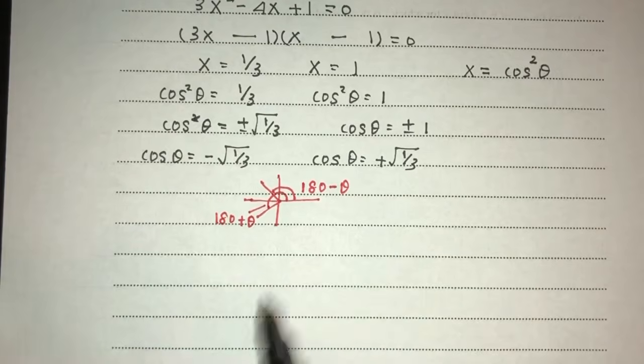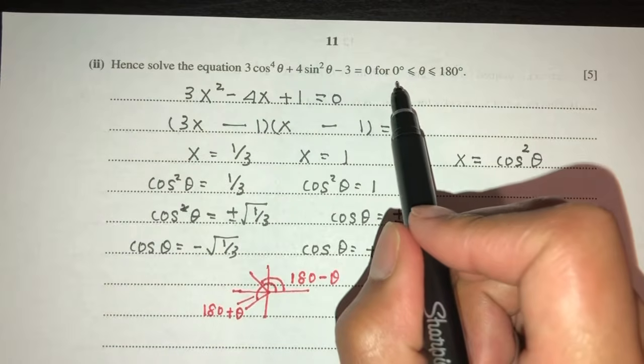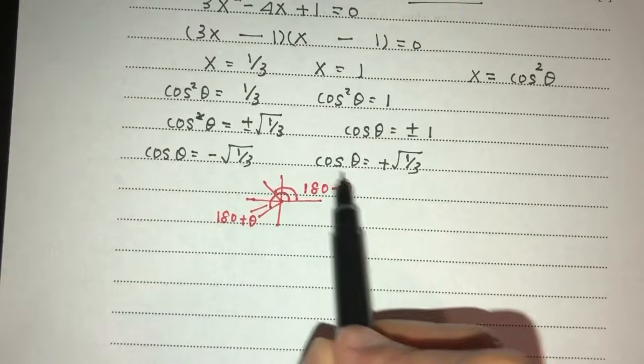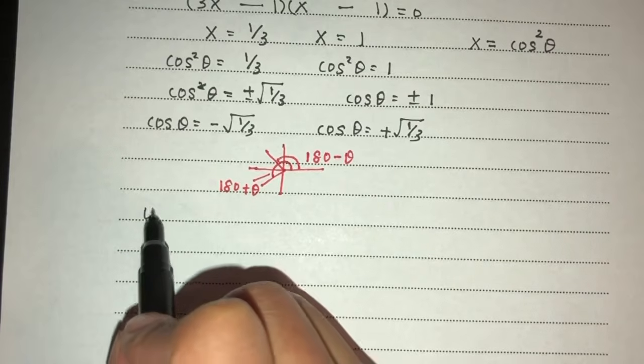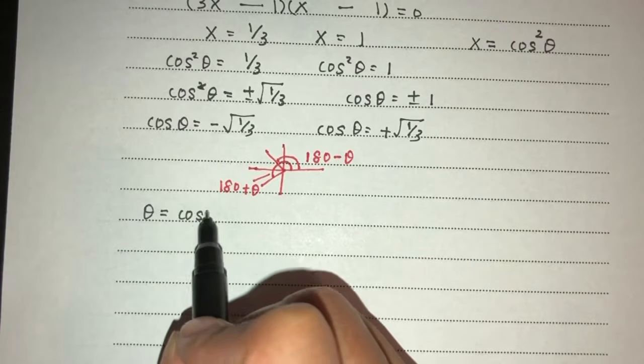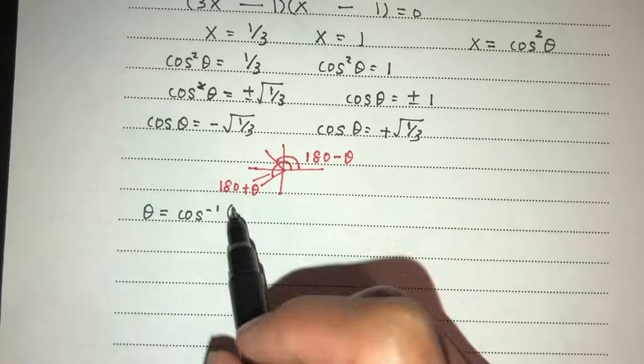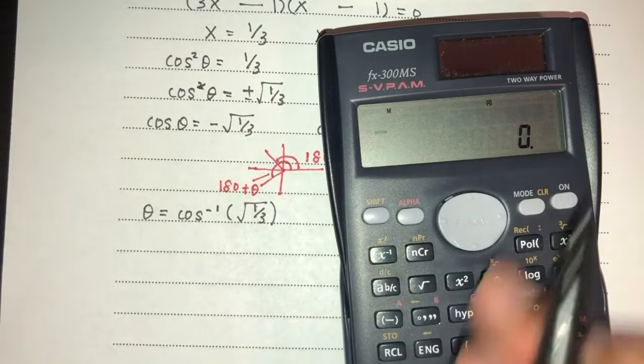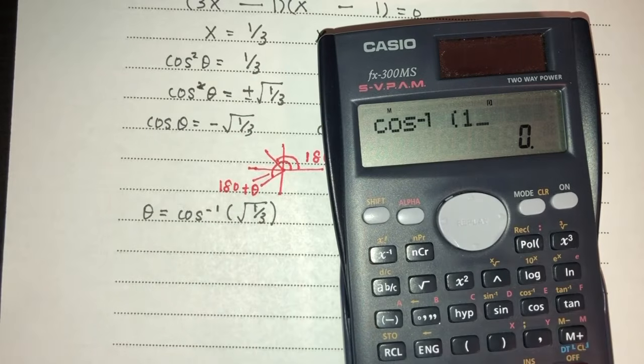Okay, so here you can see the range is only in the first and second quadrant, so we're only going to be taking this one value, which is this one. So basically theta is equal to cos inverse of the positive value of this. So let's see what we have. In terms of degrees, cos inverse of root 1 over 3.